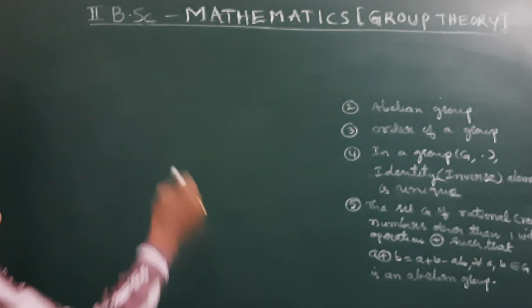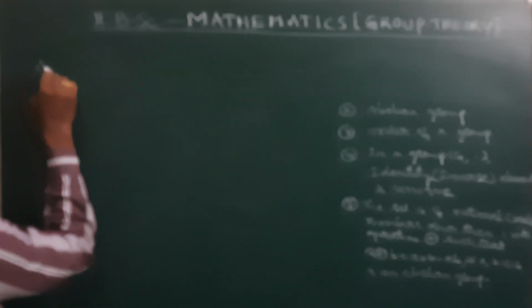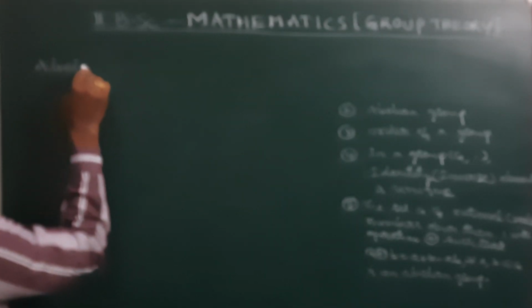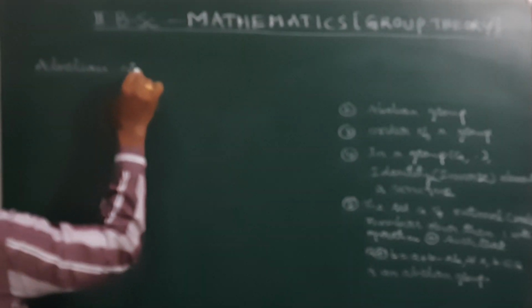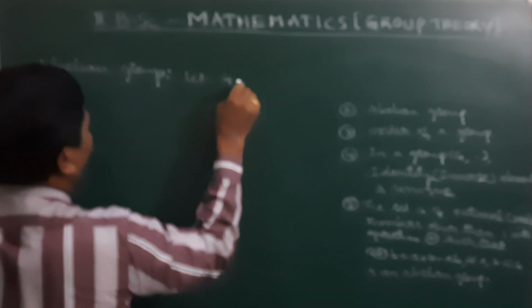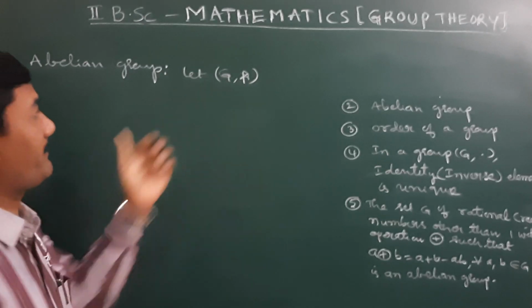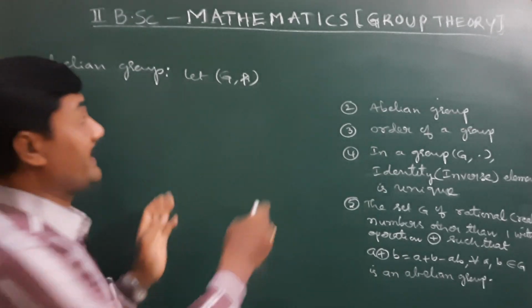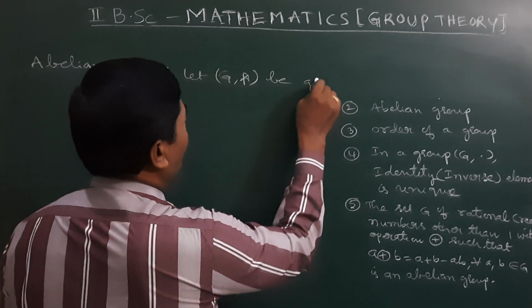Now abelian group. What is the definition of an abelian group? Let (G, star) be a group.